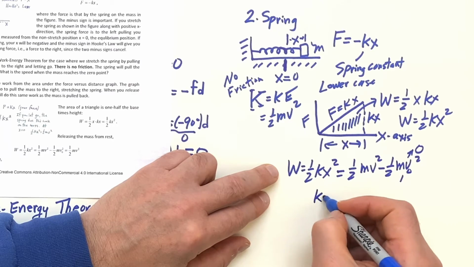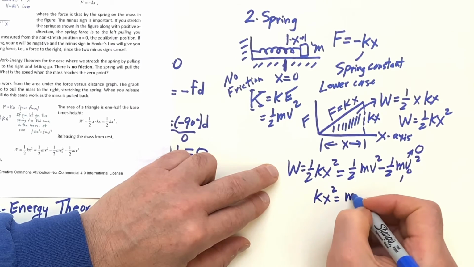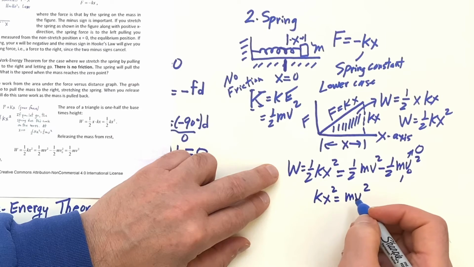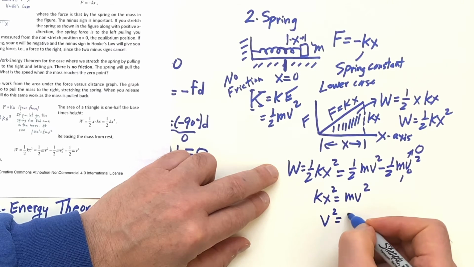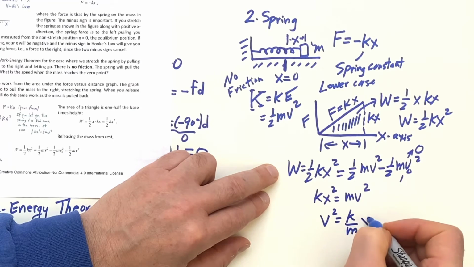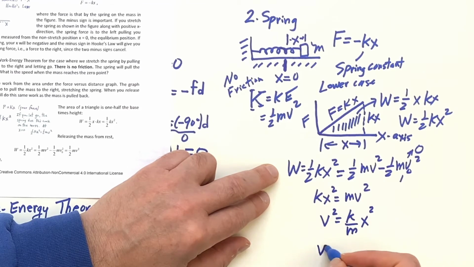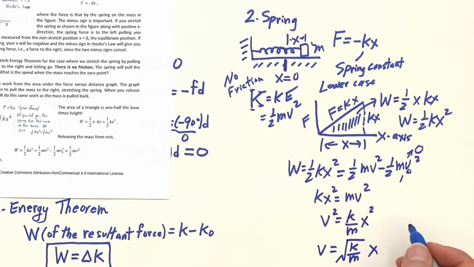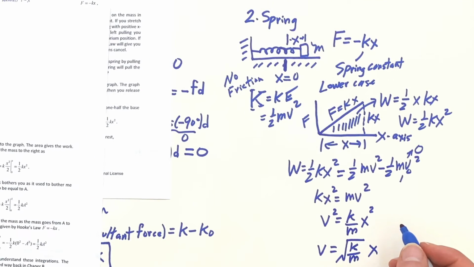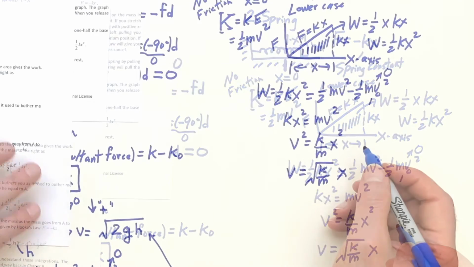So kx squared is mv squared, and that means v squared is k over m x squared. So v is the square root of k over m times x. That's very powerful, and that's a force that's varying. The acceleration is not constant.